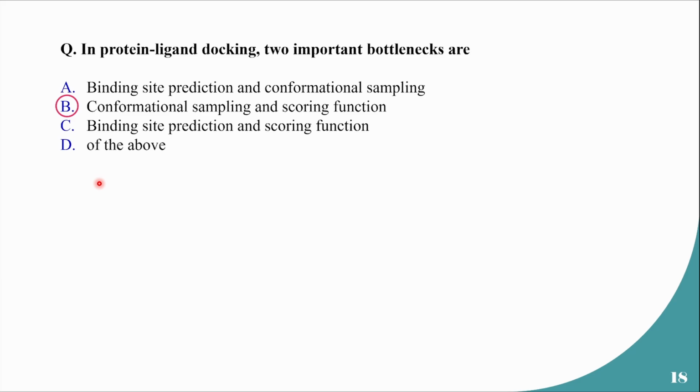When Professor Gromiha introduced docking, of course you have to do the binding site prediction beforehand, or you can do a blind docking kind of thing, right? But in the actual process of finding the perfect geometry as well as the associated binding free energy for that geometry, that's when conformational sampling and scoring function come into the picture.